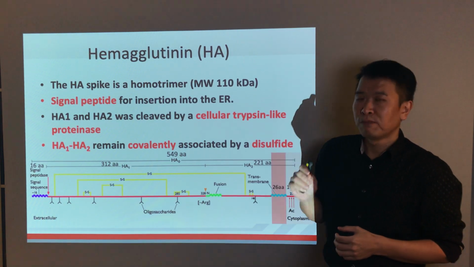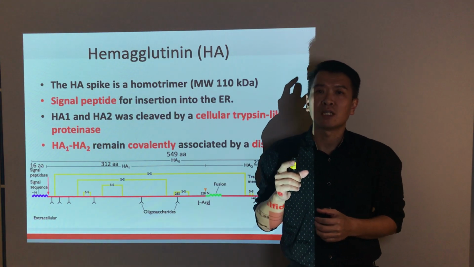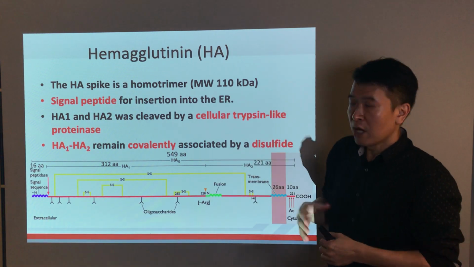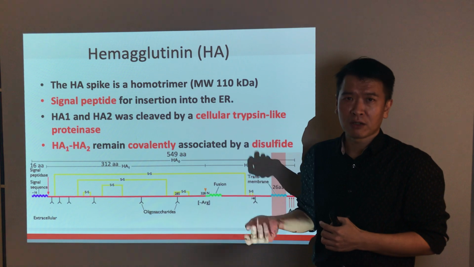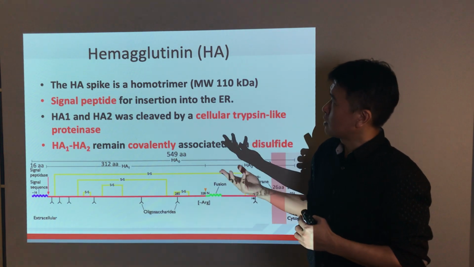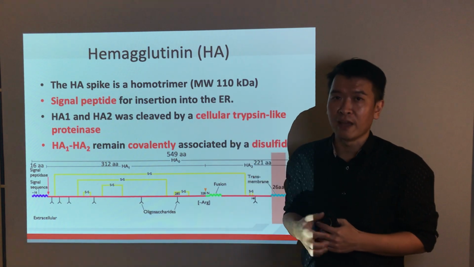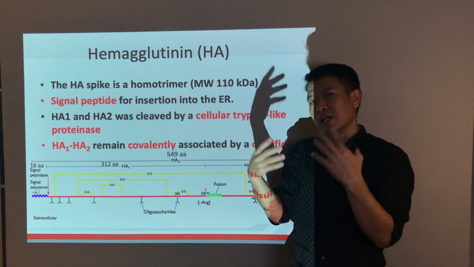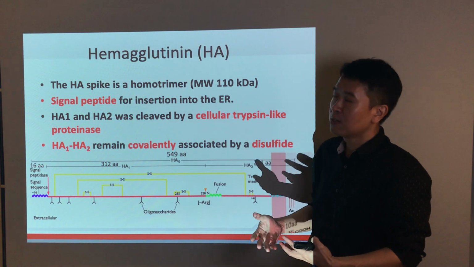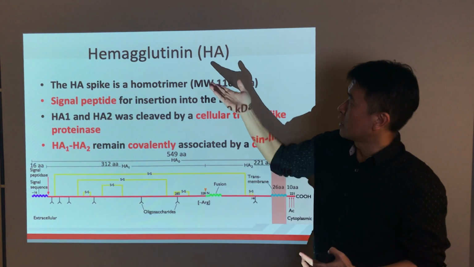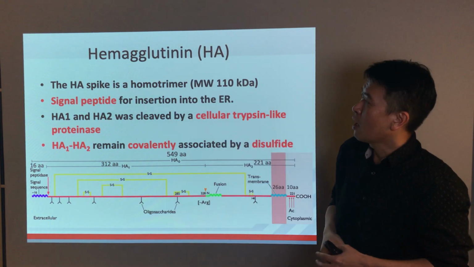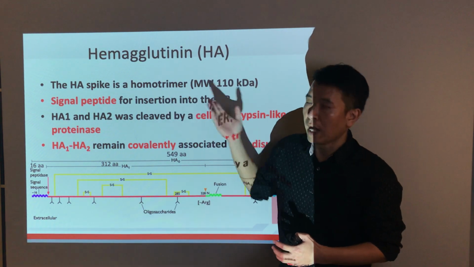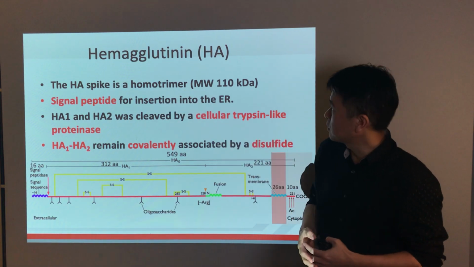So let's start by looking at the viral glycoprotein that is displayed on the surface of the virus. For flu virus, there are two glycoproteins displayed on the surface, HA and NA. But the one responsible for the binding of the virus and also the fusion of the virus into the host cell is the HA, or hemagglutinin protein. Hemagglutinin protein, like I mentioned earlier, is a homotrimer.